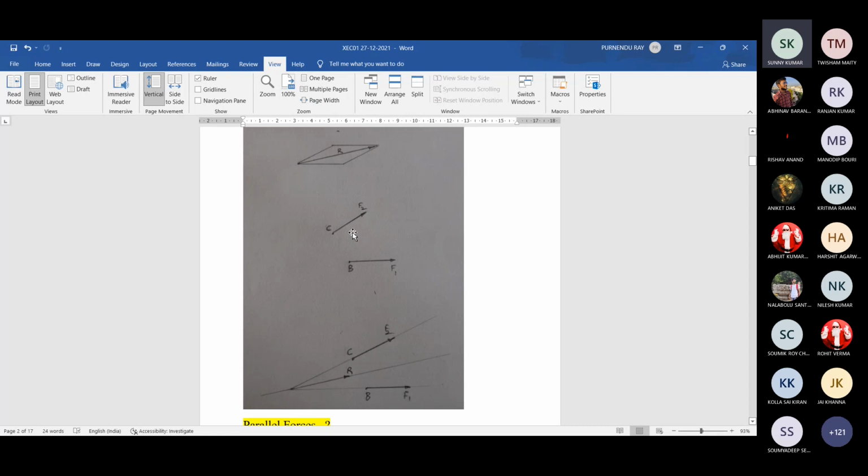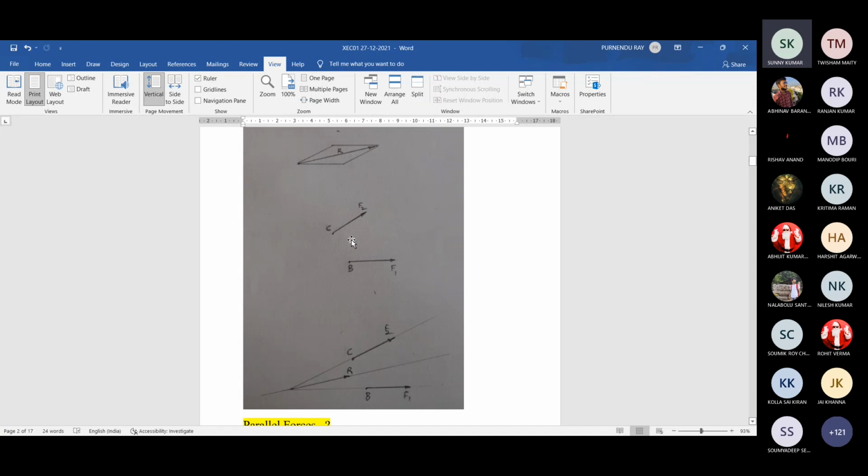Now consider these four components, F3 and F4 corresponding to F1, and F5 and F6 corresponding to F2, parallel to F1. If we select two vector components, one from F1 and the other from F2, whose magnitudes are the same and directions opposite, suppose F4 and F5, those are equal and opposite.